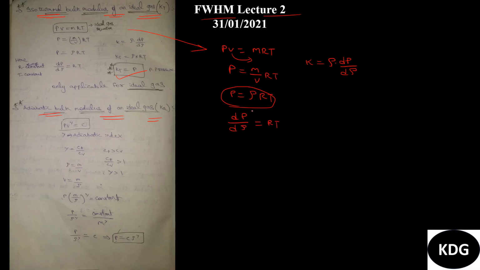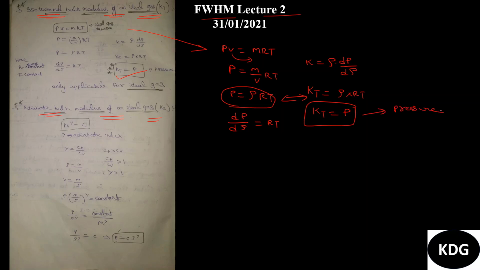So we use this dP by d rho equal to RT here, and we will get the isothermal bulk modulus equal to rho into RT. This rho RT gives rise to pressure. From here we will get the isothermal bulk modulus equal to pressure.